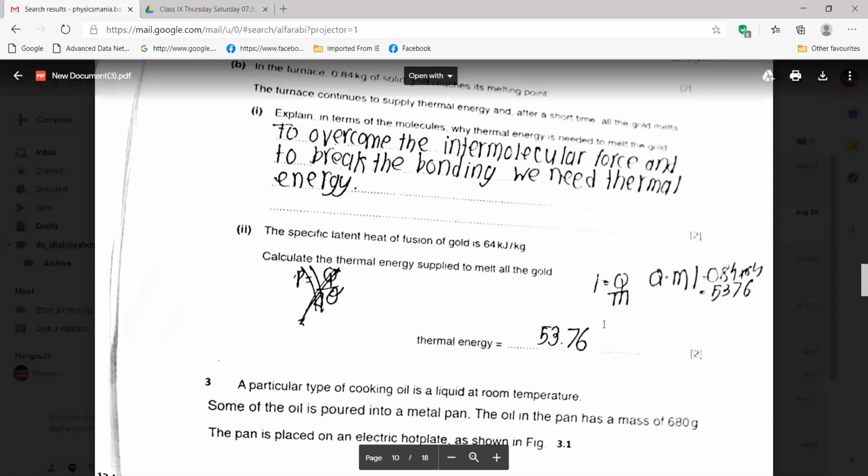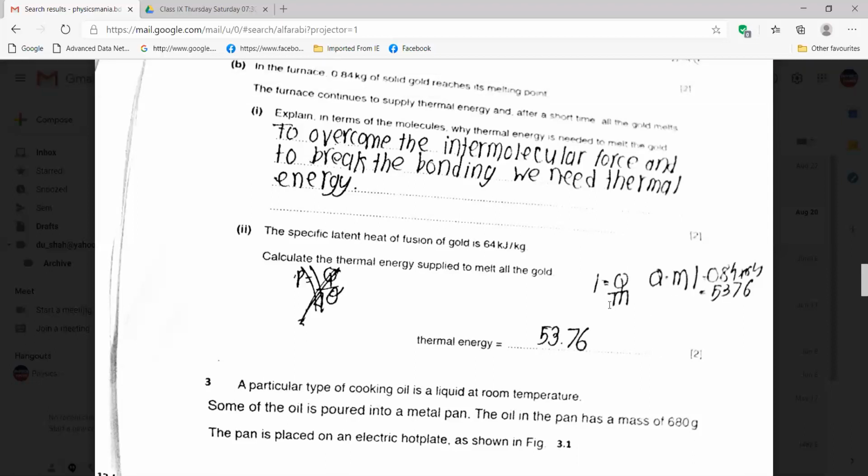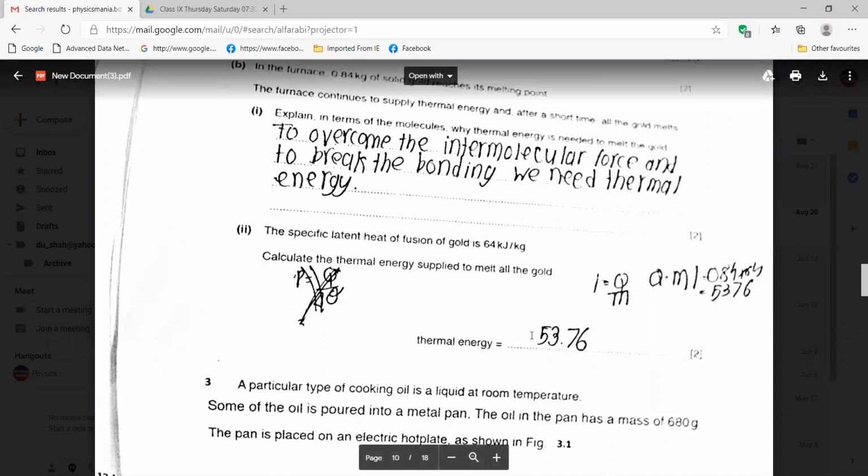But if they are asking you to find the mass, then what will be the formula? M equals what? Q by L.